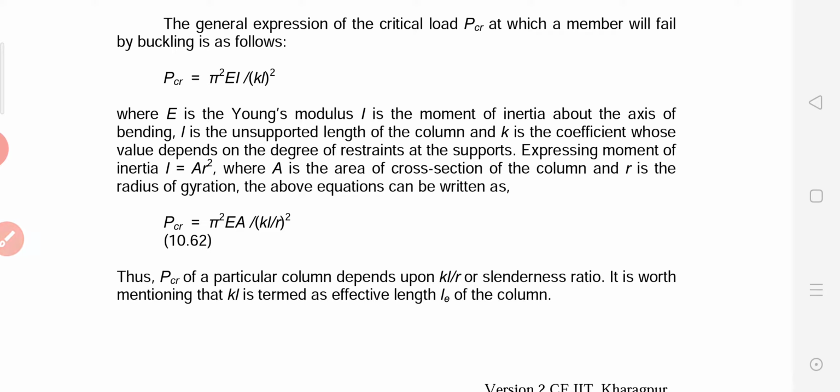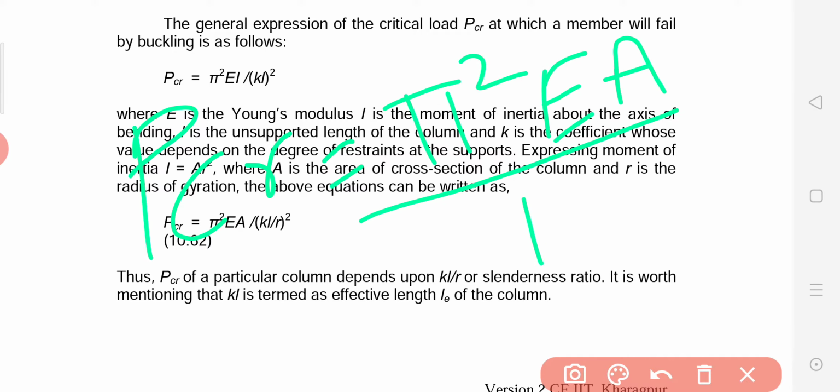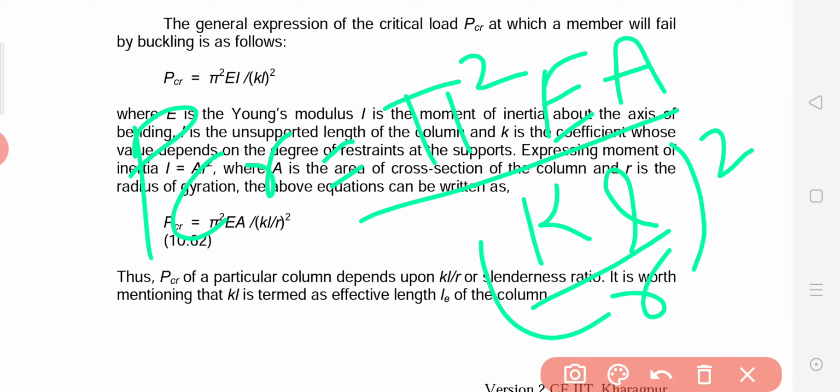The above equation can be written as PCR equal to pi square EA upon KL upon R whole square.